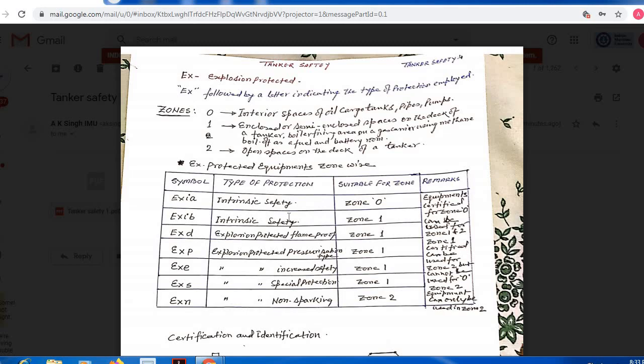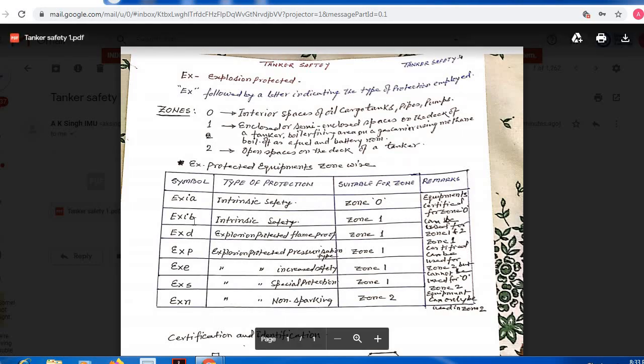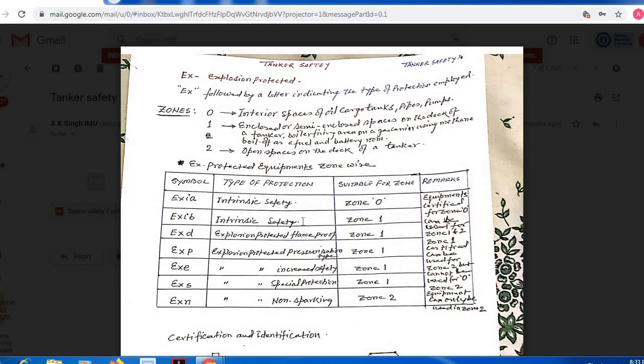So we use only the highest standard of safety equipment, EXIA, in zone 0 because this is a highly hazardous zone or highly hazardous area. EXIB we can use in zone 1. We have already discussed in lecture 1 what zone 0, zone 1 and zone 2 are.